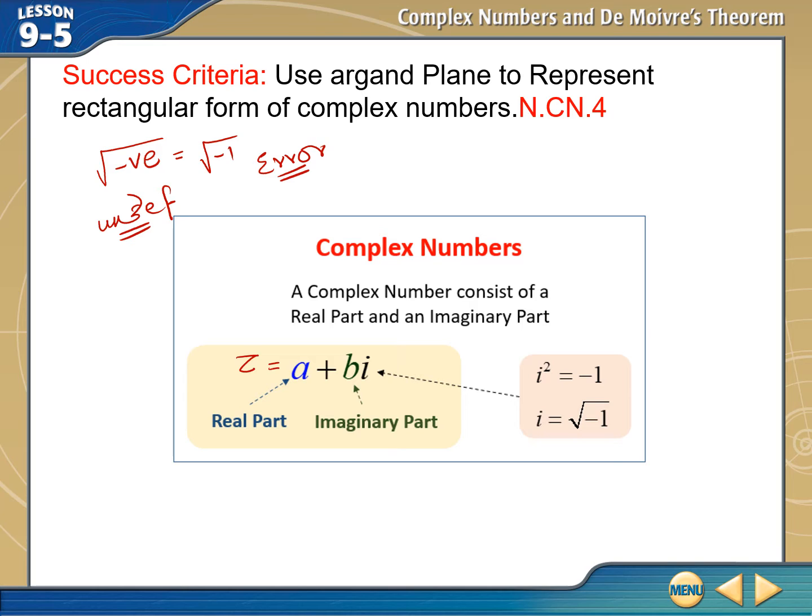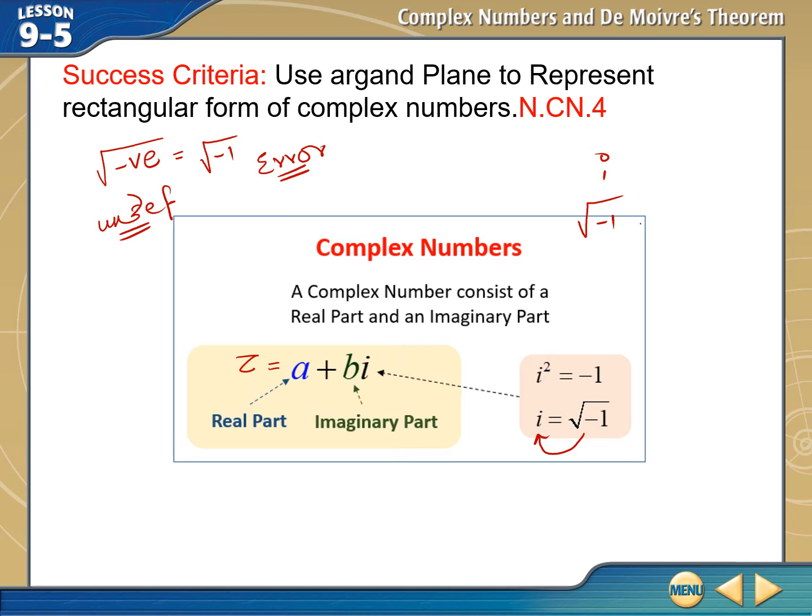You don't have any answer for the square root of negative one. So in some calculations, mathematicians thought that the square root of -1 can be denoted by i. So i is the square root of -1.